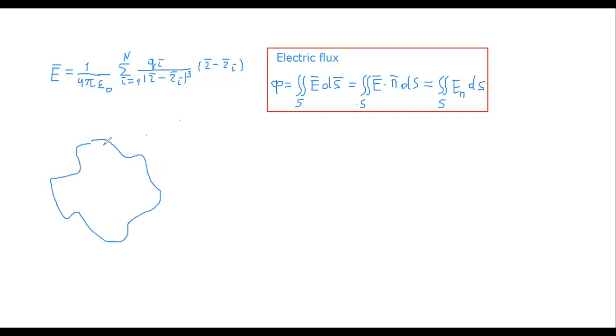There is a closed surface, and there is some electric charge Q_S inside the closed surface, and some charge Q_E, for example, outside this closed surface.